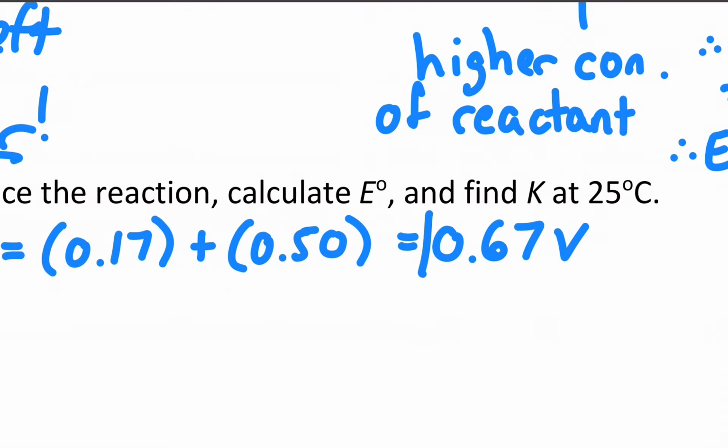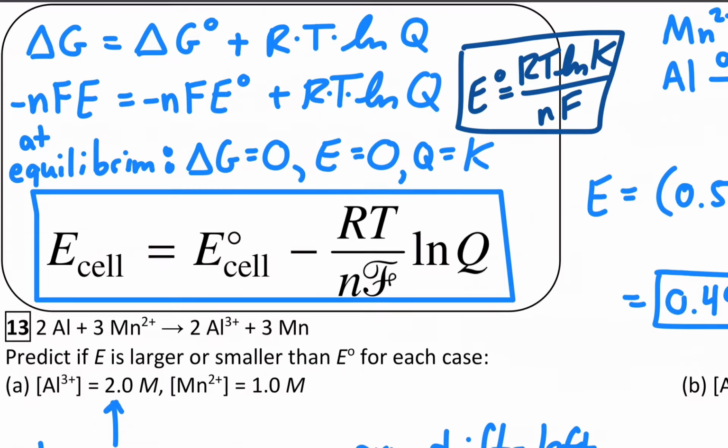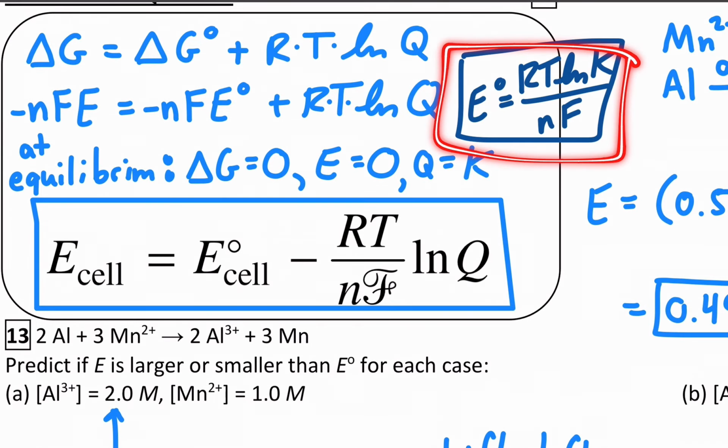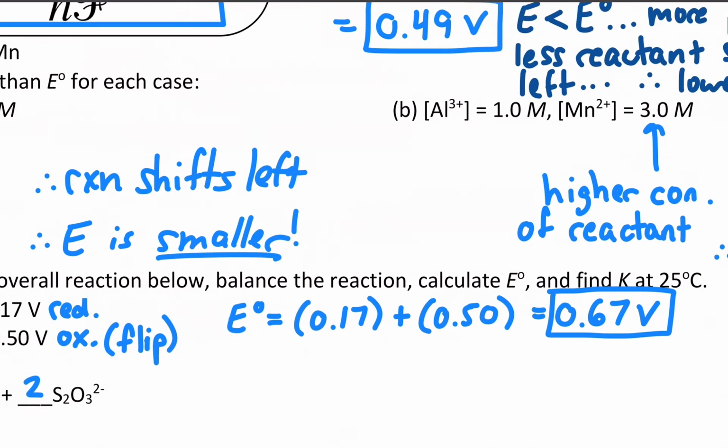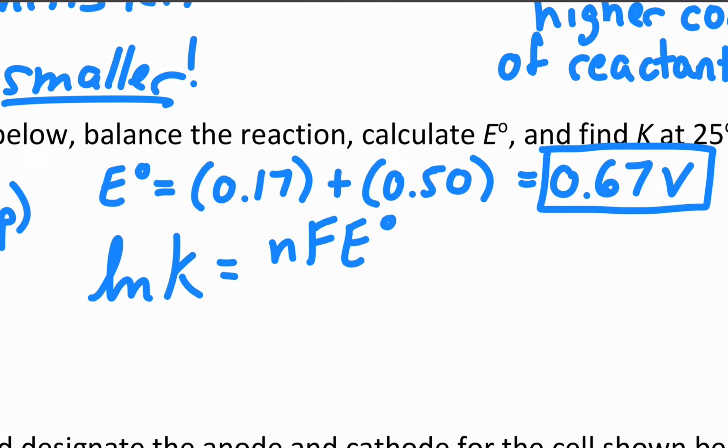And then to get the equilibrium constant, we're going to use the equilibrium constant equation that's buried in this, related to the potential. We're just going to rearrange that and solve for K. I'll start by solving for the natural log of K. The natural log of K is nF E standard all over RT.